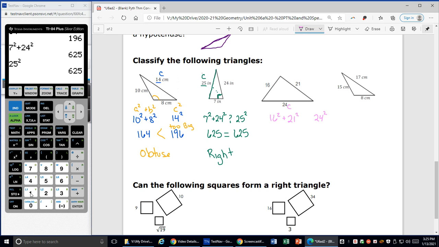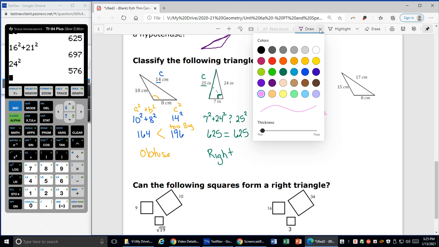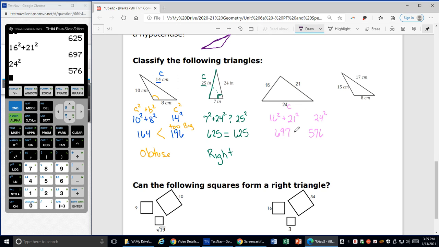So 16 squared plus 21 squared equals 697. And 24 squared is 576. So they are not equal, right? Since they're not equal, my 697 is bigger than my 576.